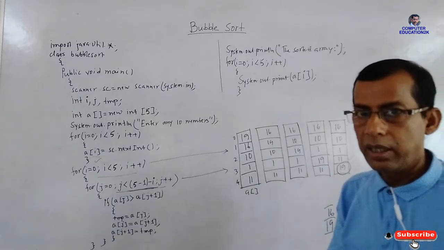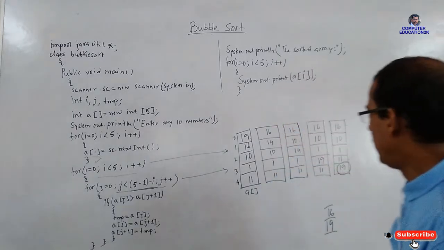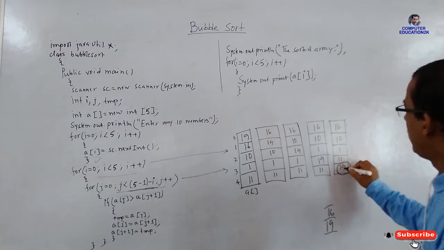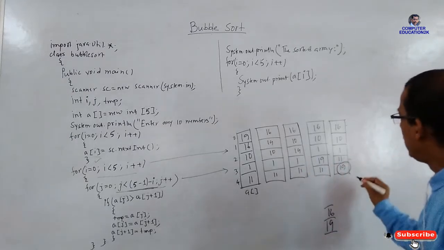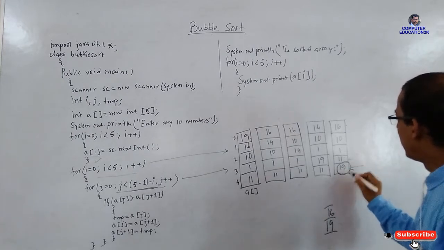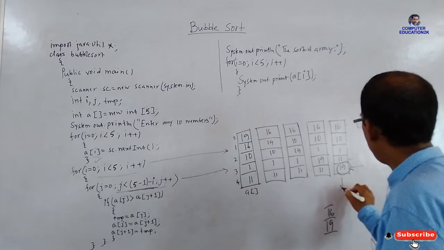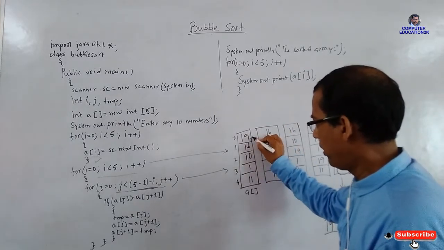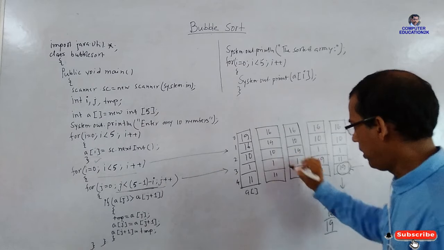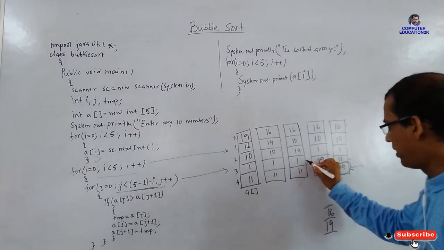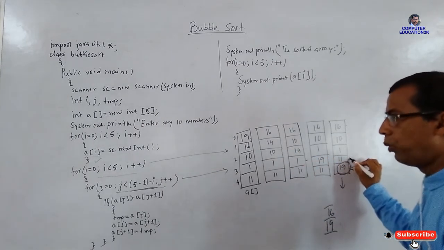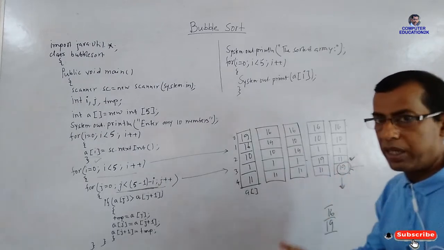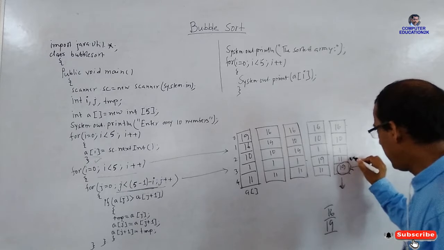While comparing the values, this cell value and this cell value will be compared. You do not have to go to this cell because there is no value down here. So first you will be here, then here, then here, and then in this cell. You will not have to go to the last cell because there is no value after it. So you will reach till here for comparing. And what is the cell number of this?